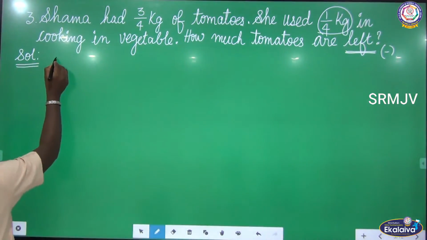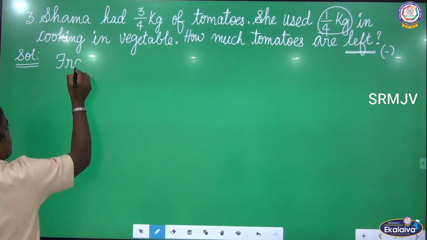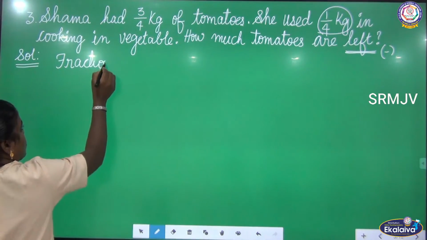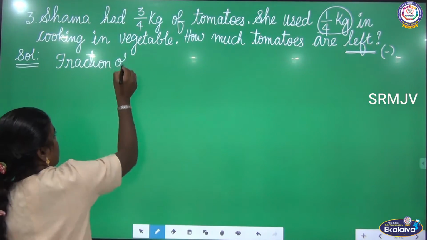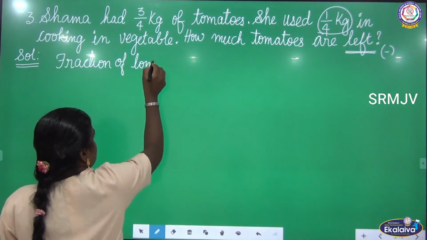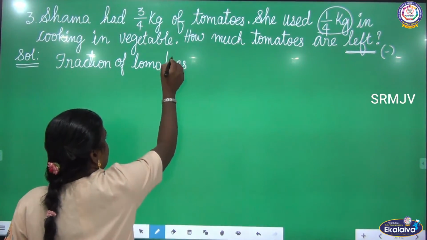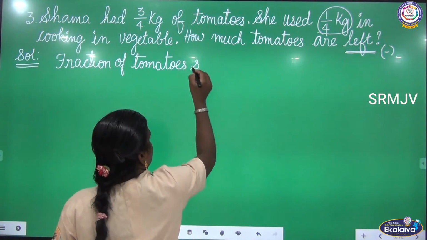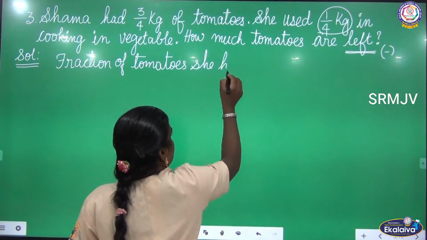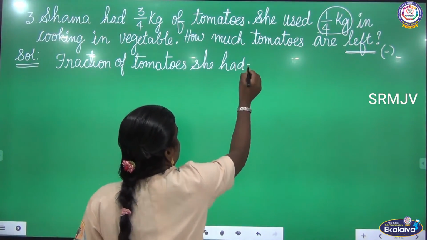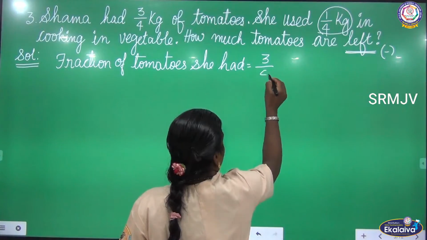So first statement, fraction of tomatoes she had. So she had 3/4 kilogram.